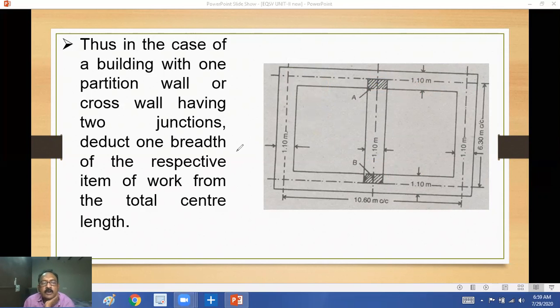That's why you have to deduct 2 junctions of the width of transverse walls. That may be excavation, foundation, first footing, second footing, or wall. In this way, you have to calculate the center line method.